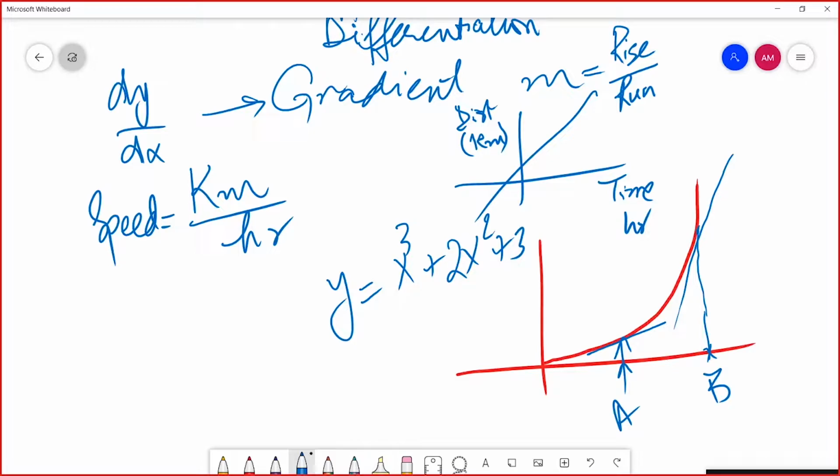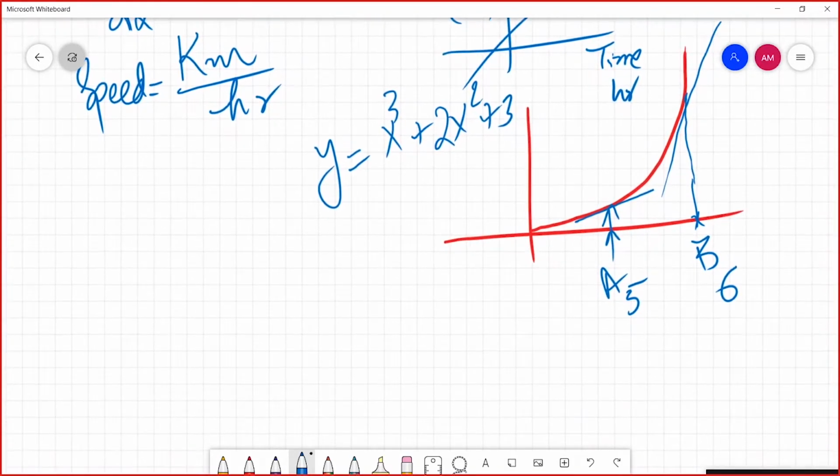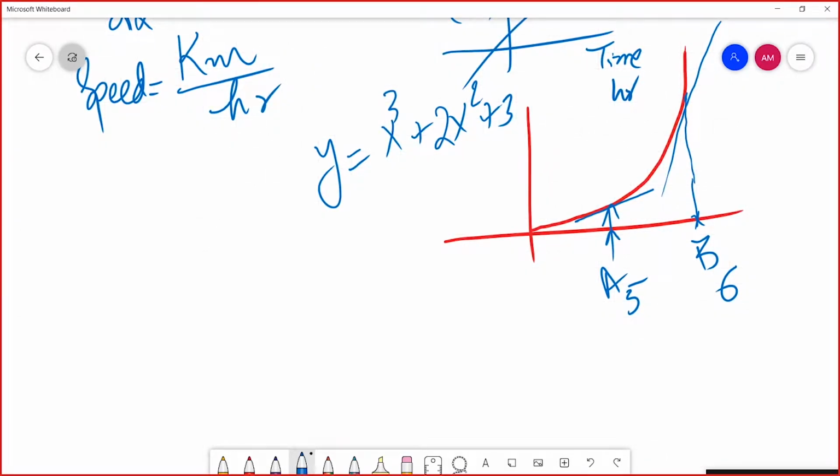And I say A is 5 and B is 6, so x is 5 and 6. Can you tell me what would be the gradient at 5 and what would be the gradient at 6?